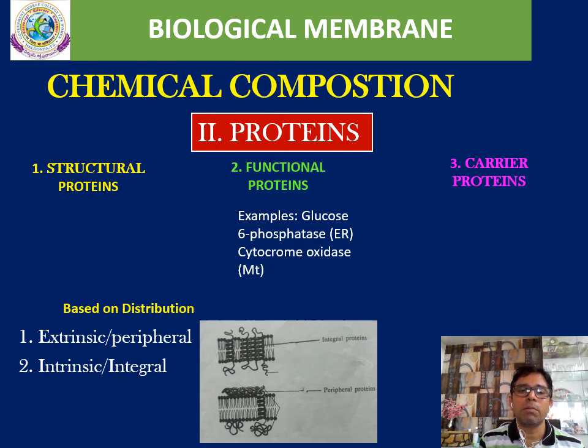This is the plasma membrane. You can see the bilipid layer. Here you can see the dark colored part, which is intermingled with the bilipid layer, which is an integral protein.